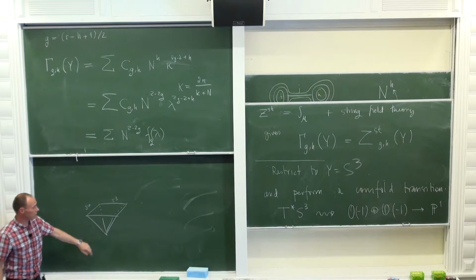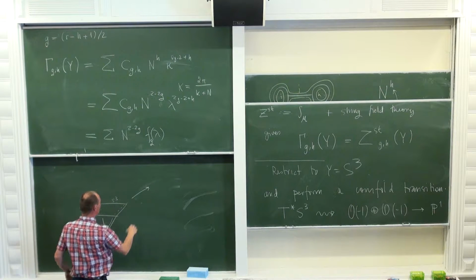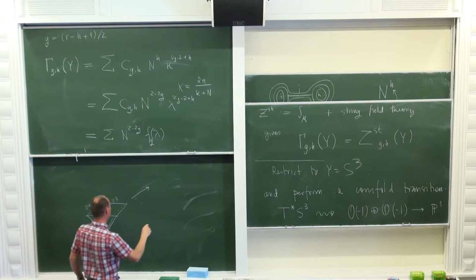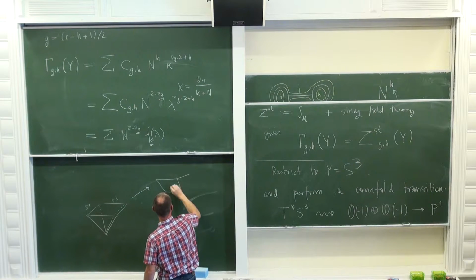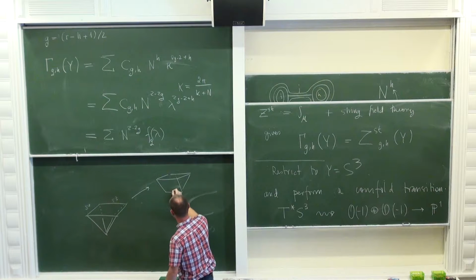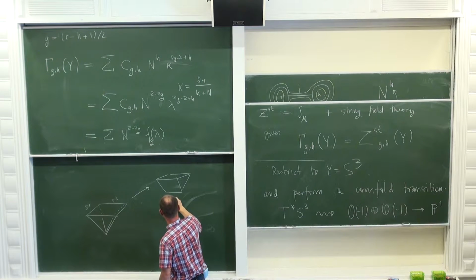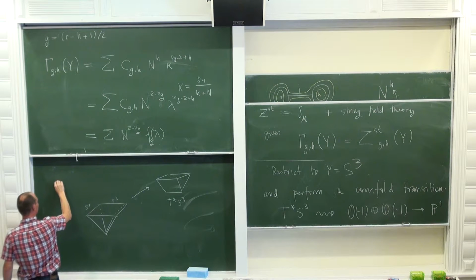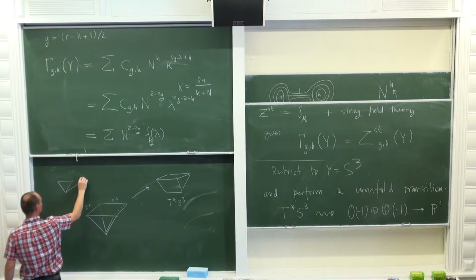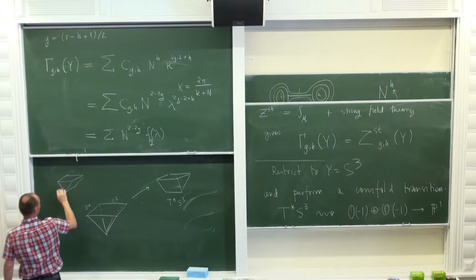Now you have two ways of resolving this. One way is that you expand the S3, so it starts looking like this. This is S3. The other way is that you expand the S2, so it starts looking like this.